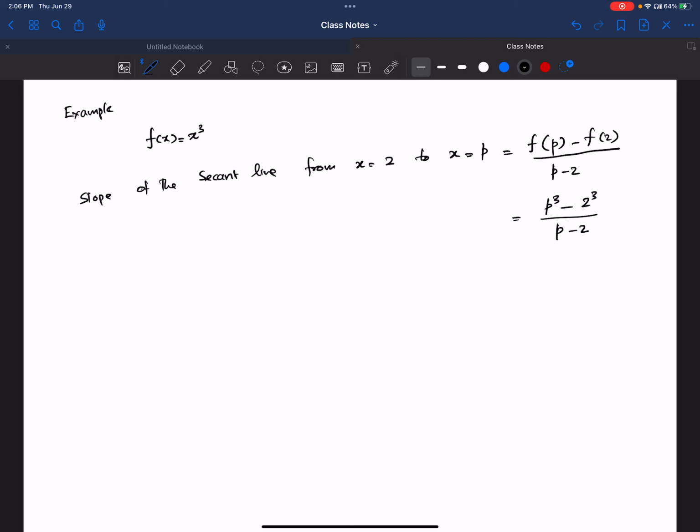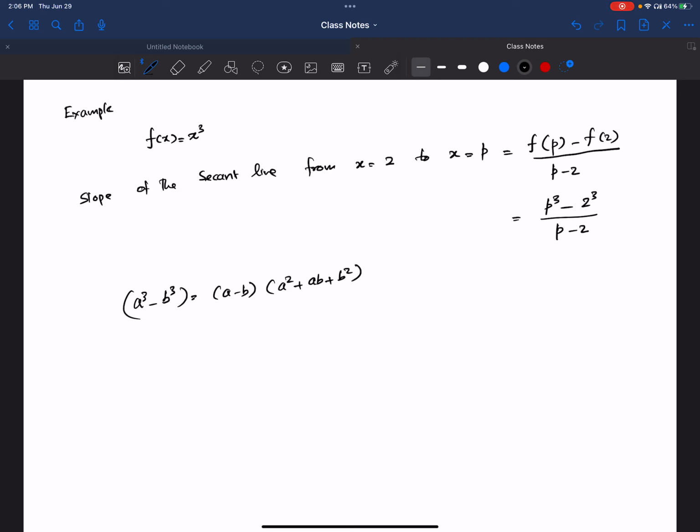From the difference of cubes, we know that in general a cubed minus b cubed equals a minus b times a squared plus ab plus b squared.